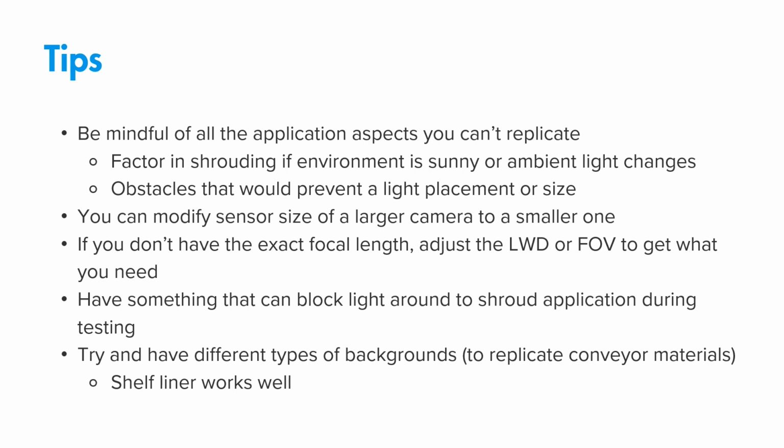We'll also have sheets of white or sheets of black matte poster board to use as a background. So having more unique things to replicate the setup as best as possible usually comes in handy, especially if you're a system integrator or machine builder testing a lot of applications that vary in what they are and what they do.